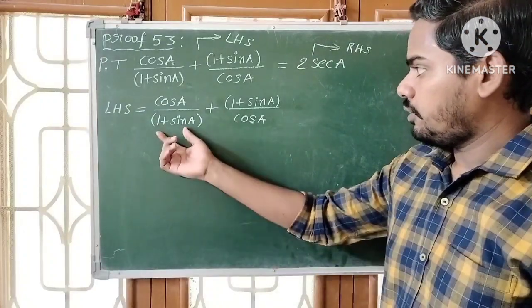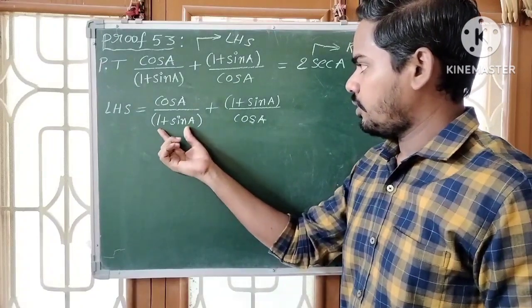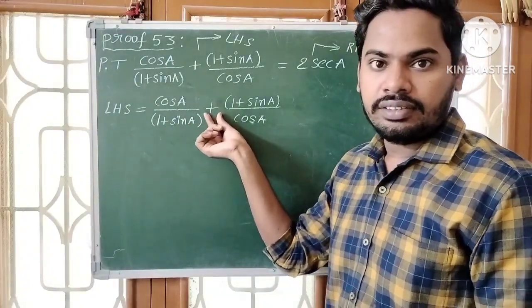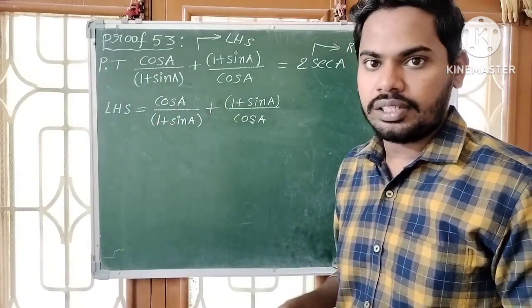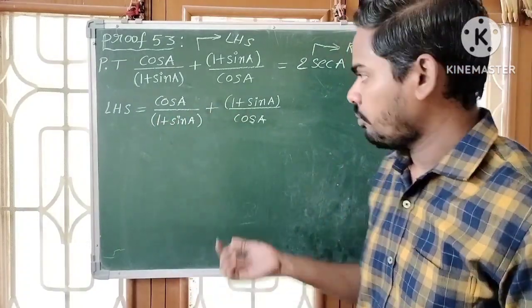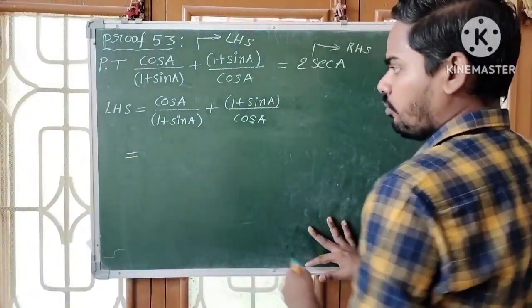First of all, here we have two trigonometric expressions with a plus sign, so we have to add two trigonometric expressions using the LCM method or the crosswise multiplication method. Here I am using crosswise multiplication.